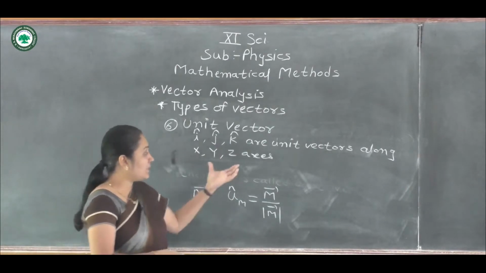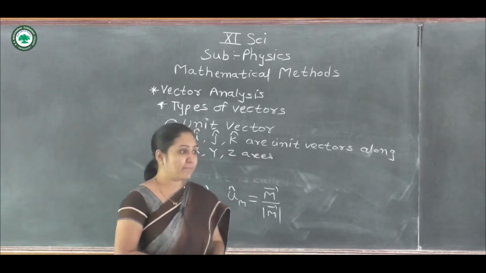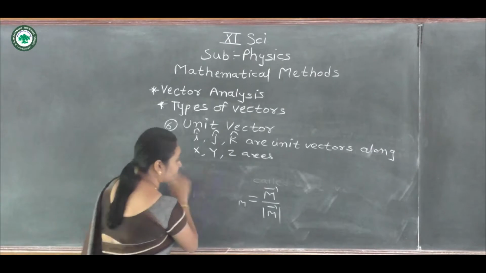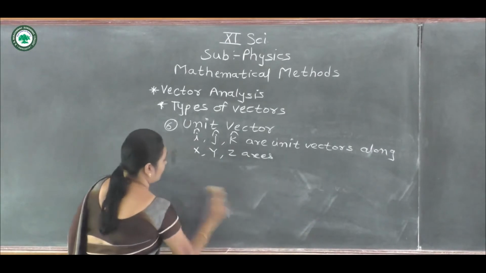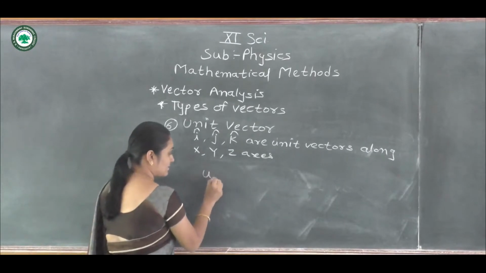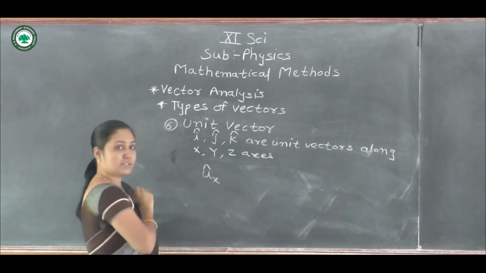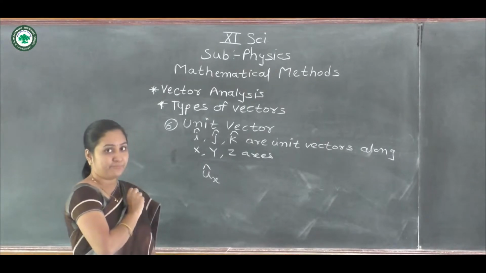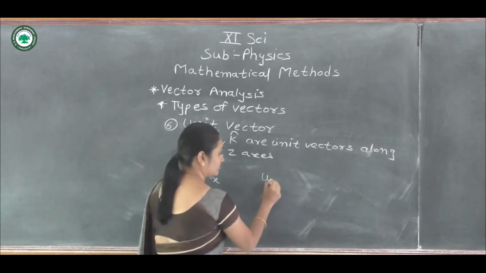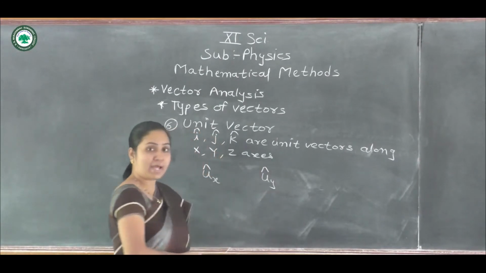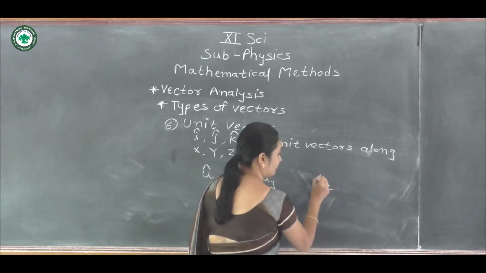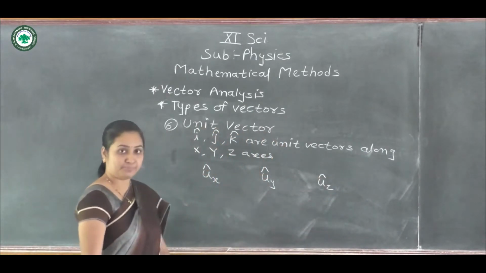These unit vectors can be represented using the same method: the unit vector of the x axis is ux cap, similarly for the y axis uy cap, and for the z axis uz cap.